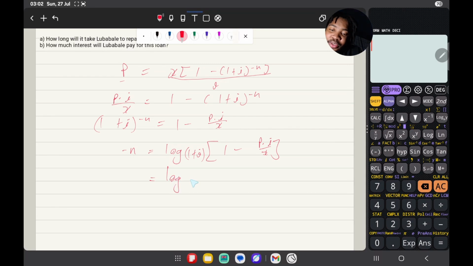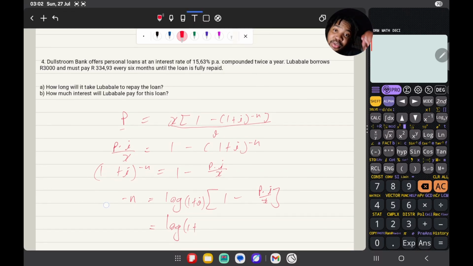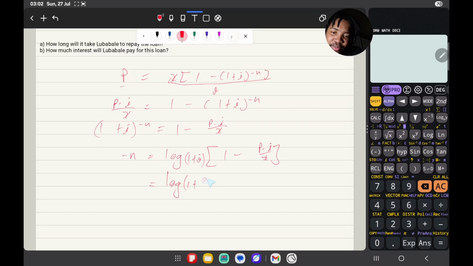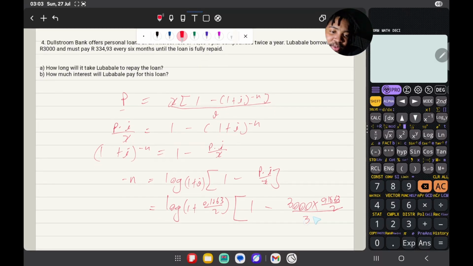So if I now substitute, it's going to be 1 plus, remember this is the rate and it was compounded twice a year, so it's going to be 0.1563 divided by 2, right? And then for the big one, we're going to have 1 minus the money she borrowed, 3,000, multiplied by the interest, which is 0.1563 divided by 2, and then dividing by the money she is paying, which is 334.93, right?